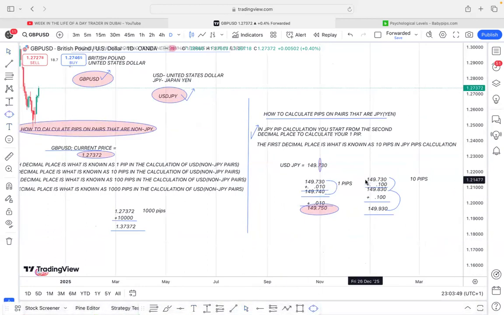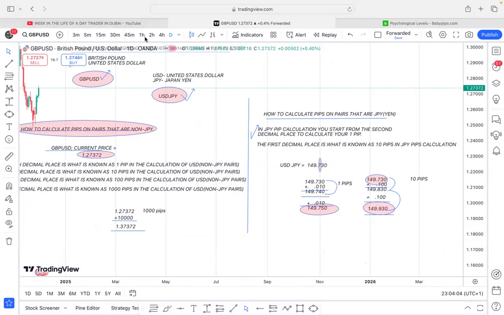The current price was 149.730. The new 10 pip movement went to 149.830. The other movement was 149.930. So that means price moved 20 pips.